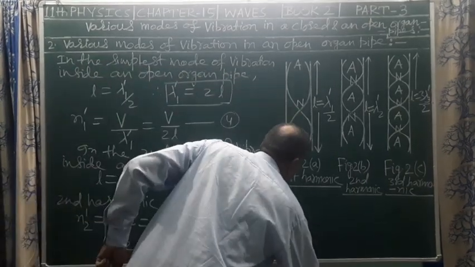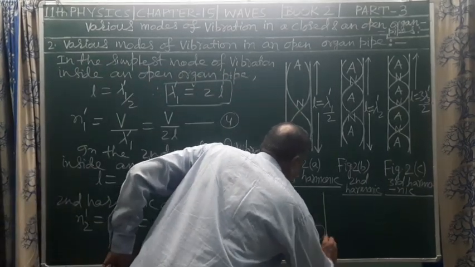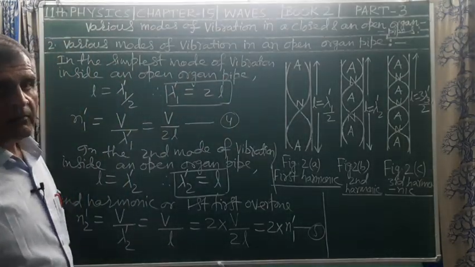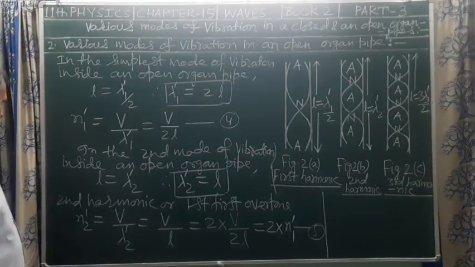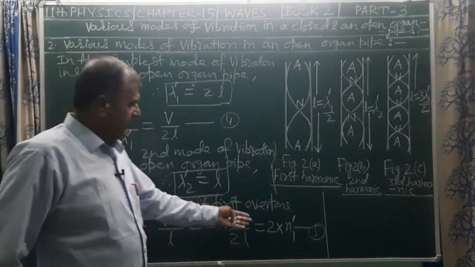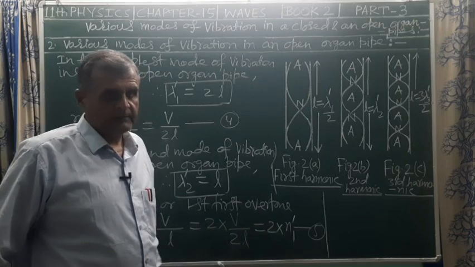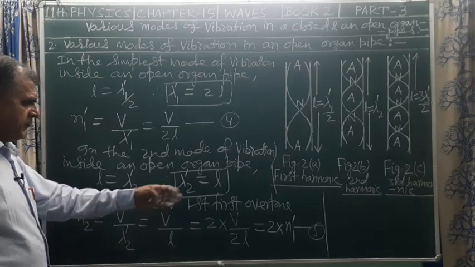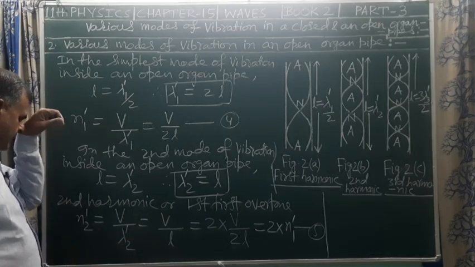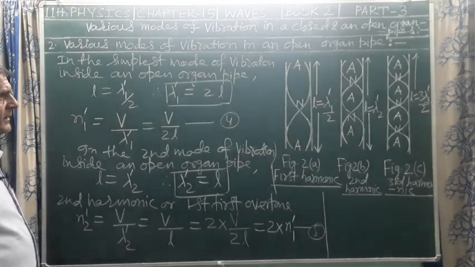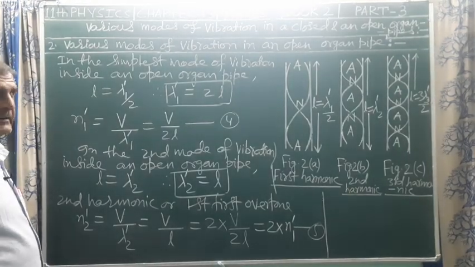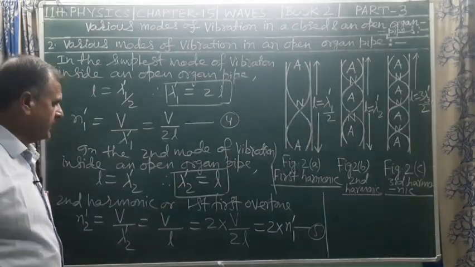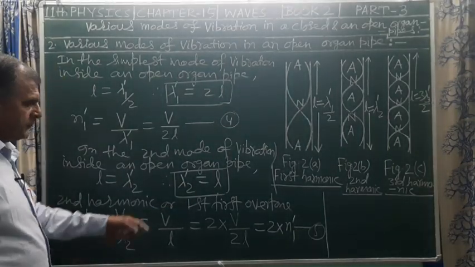N1' is the fundamental frequency of the simplest mode, or fundamental mode, of vibration in an open organ pipe. So N2' is now an even multiple, 2 into N1'. Say it is equation number 5: N2', that is the second harmonic produced in the second mode of vibration in an open organ pipe, also known as the first overtone, is N2' equals 2 N1'.